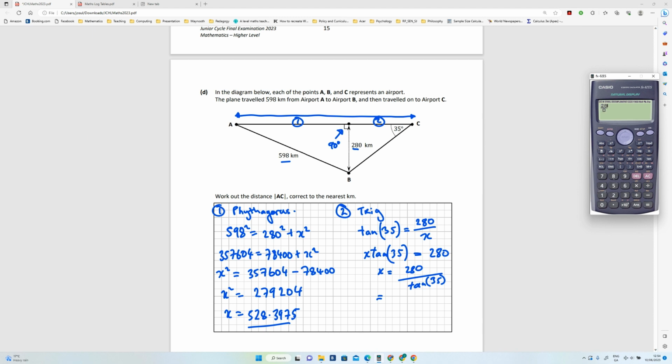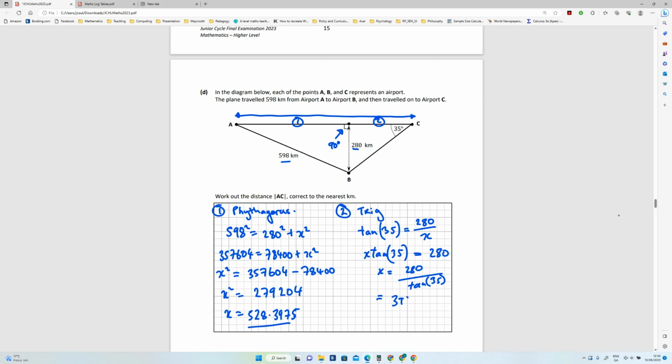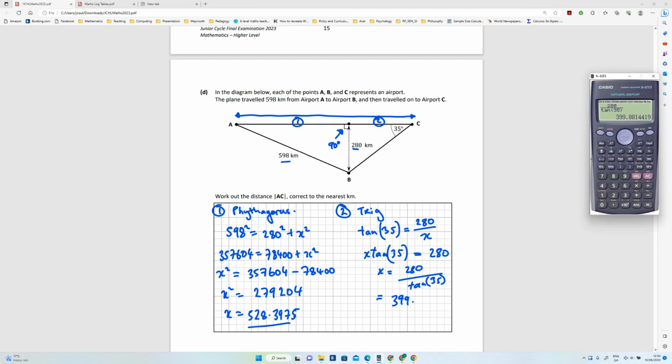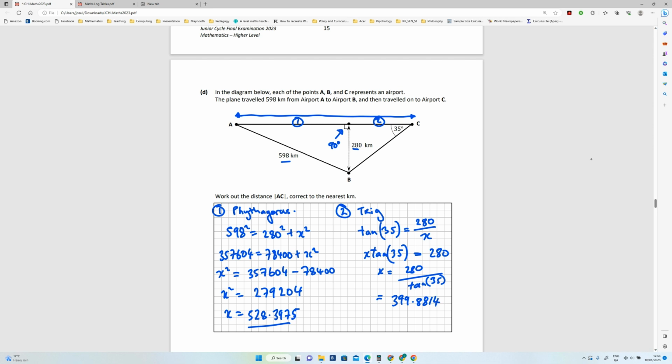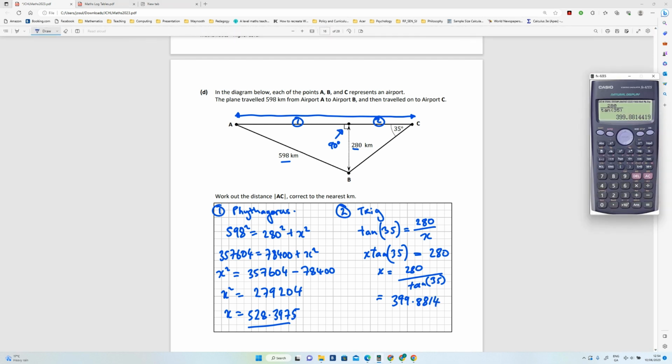So 280 over tan of 35 is 399.8814. Okay, and now I will add that to 528.3975. So my total distance then, to the nearest kilometer, is going to be 928.